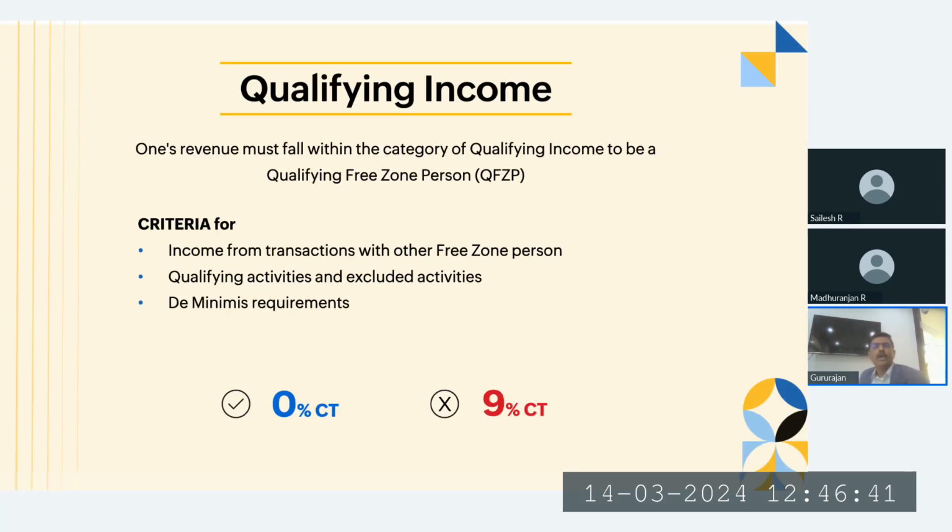If you are a free zone person, you should have qualifying income. How you treat qualifying income is a very important activity you need to understand. The criteria is you have income or transactions with other free zone persons, and the government has published a list of qualifying activities as well as excluded activities.